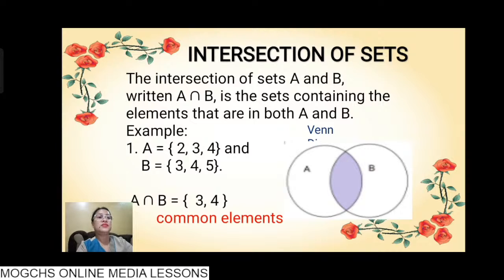We will show it using a Venn diagram. So the elements that we'll put first are the common elements or the intersection. So the common elements are 3 and 4.